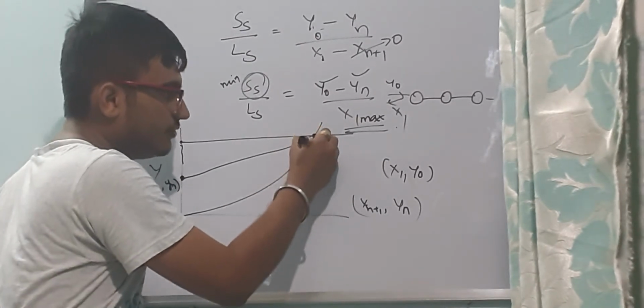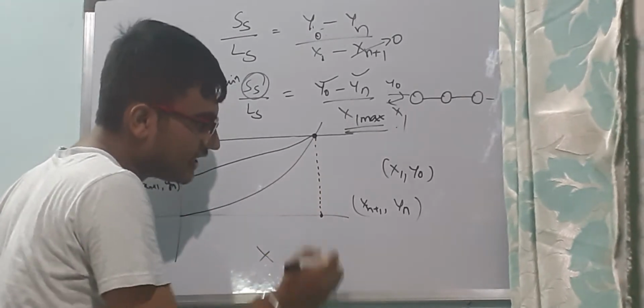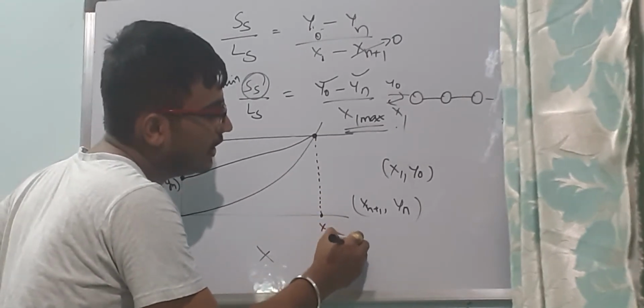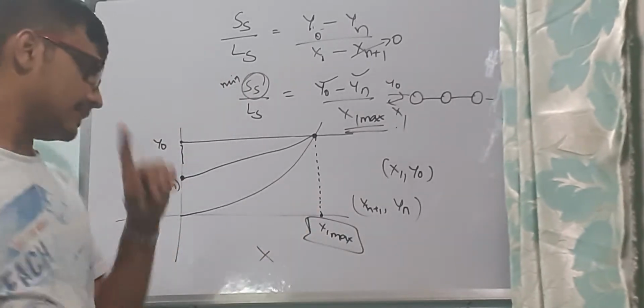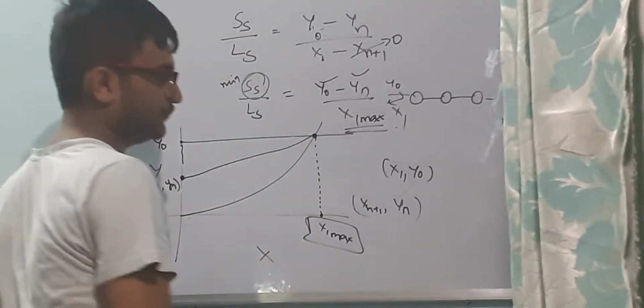From this point, when you drop down a line to the x-axis, the point where it cuts the x-axis is your X1 max. This is your X1 maximum value.